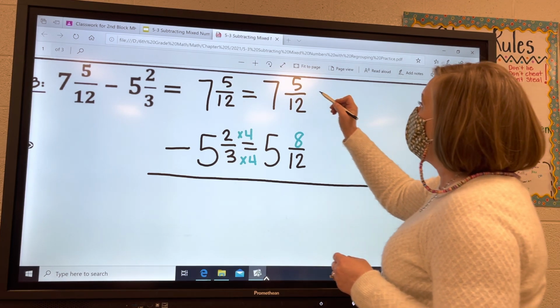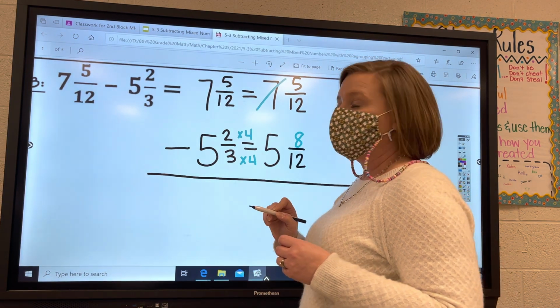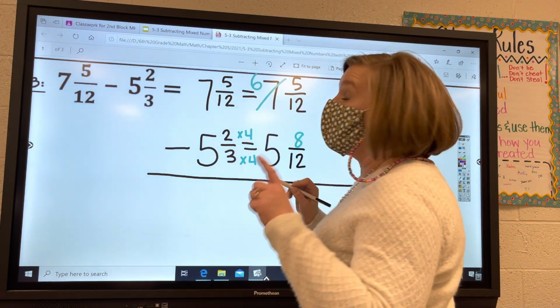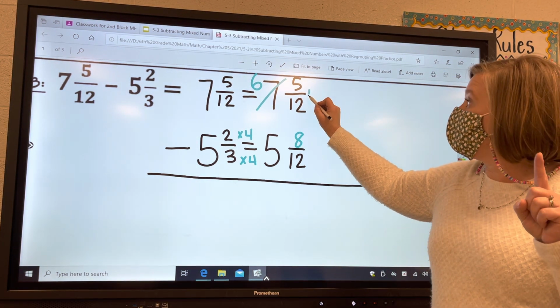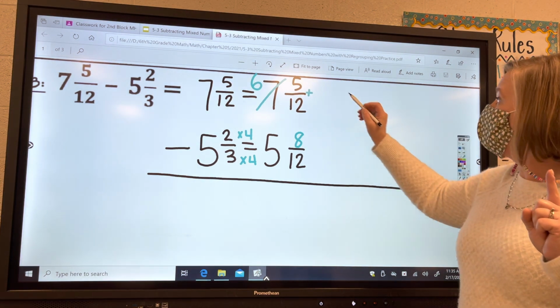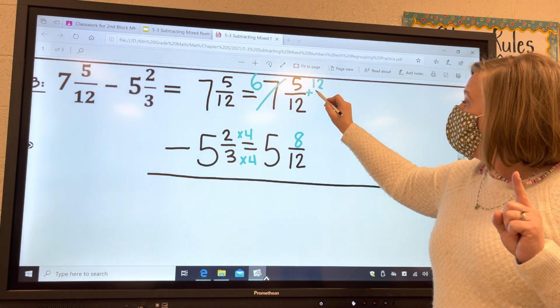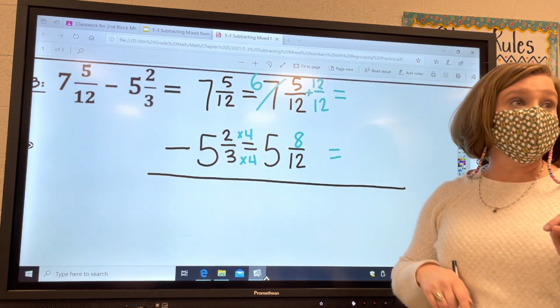So if we borrow 1 from the 7, the 7 is going to change to a 6. And our 1 whole that we borrowed, what do we want the denominator to be? 12. So what am I going to add to the 5? A 12. And I'm going to rewrite it because that looks sloppy.